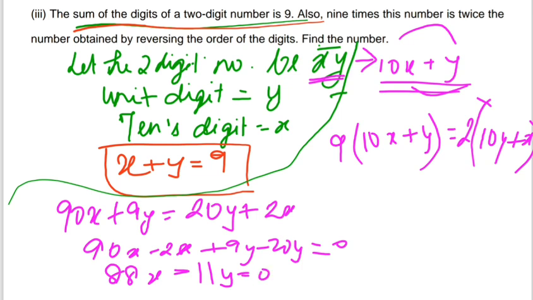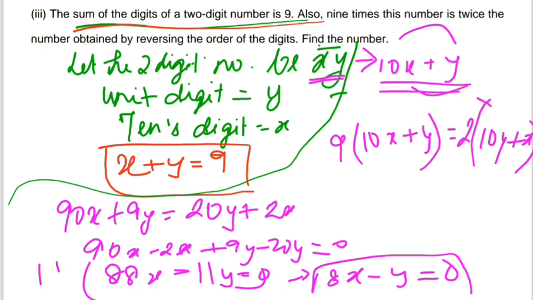So taking 11 as common, we get 8x minus y is equal to 0. Taking 11 to the RHS, 0 by 11 is 0. So this is our second equation.